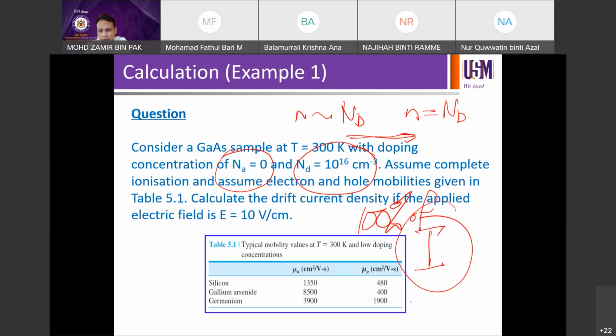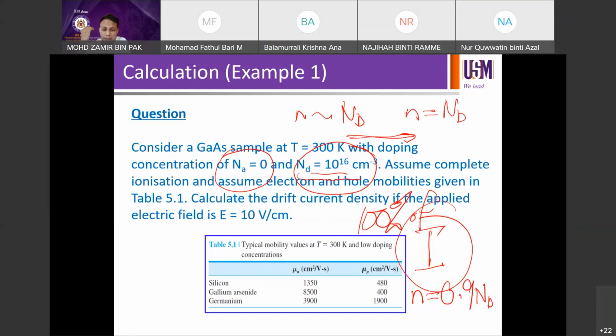We assume that N equals ND, right? If it's 100% ionized, or 1 times ND, if you like. If it's 90% ionized, N is about 0.9 of ND. Then you're going to get 9 times 10 to the 15, isn't it? In this case, 9 times 10 to the 15.